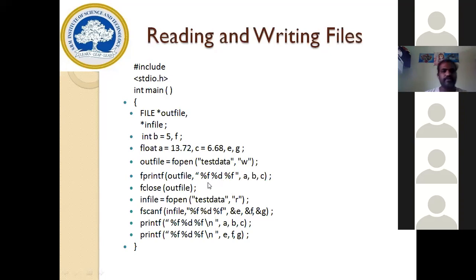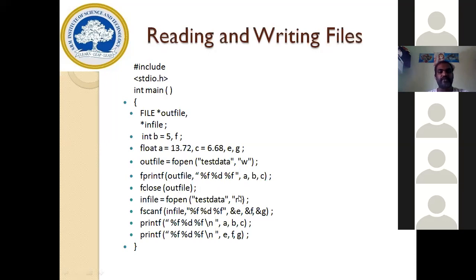So here outfile, %f, %d, and %f, for a, b, and c. The a value is 13.72 in float type, b value is 5, and c value is 6.68. All this data is going to be written into this file. And fclose, immediately you are closing that file. What is the file pointer name? outfile.